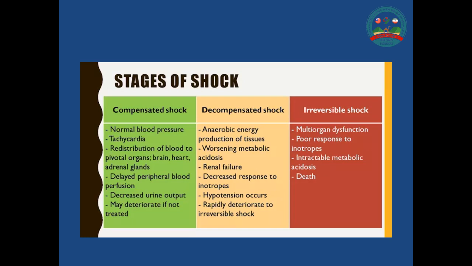Anaerobic metabolism increases, acidosis worsens, renal function declines, and the patient becomes less responsive to inotropes. Hypotension appears and the deterioration can be rapid. The irreversible stage represents severe multi-organ dysfunction. Despite treatment, metabolic acidosis becomes refractory, the response to medications is poor, and ultimately this stage leads to death.